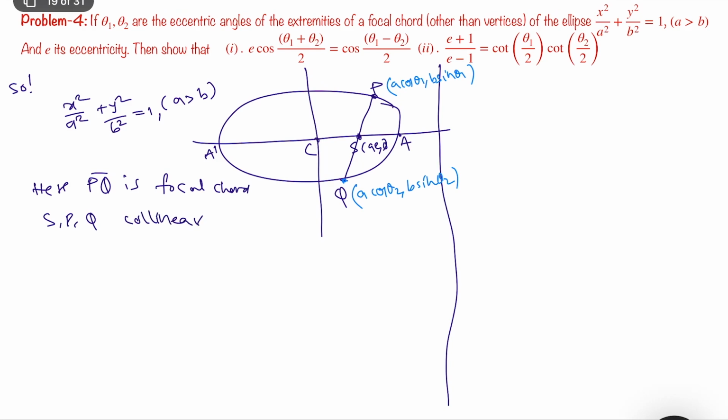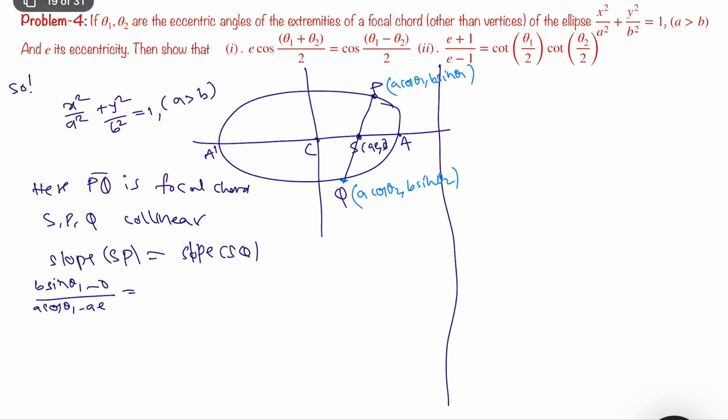So if S, P, Q are collinear, then we should have the slope of SP same as the slope of SQ. The slope of SP will be (b sin theta 1 minus 0) by (a cos theta 1 minus ae).